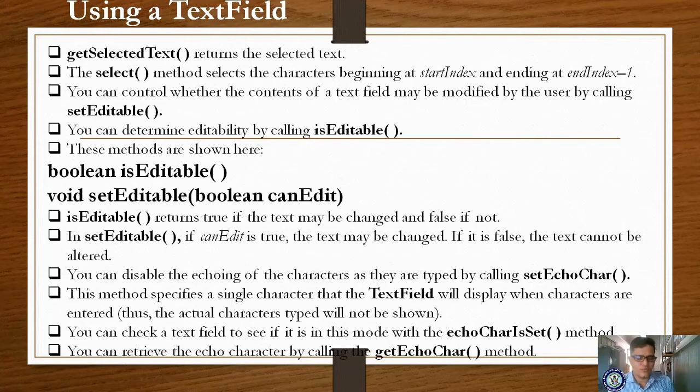If you observe, the parameter canEdit indicates whether you can edit or not. isEditable returns true if the text may be changed, and false if not.